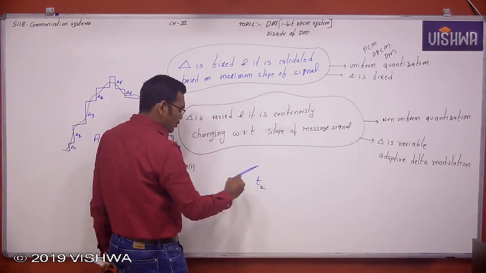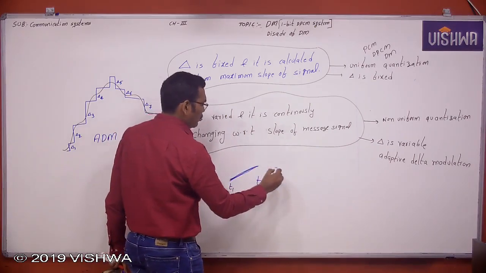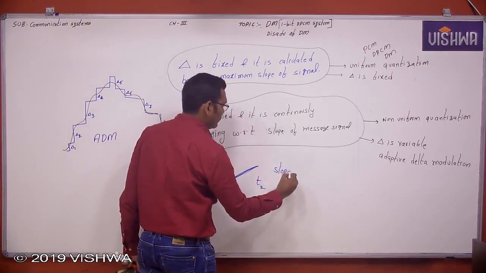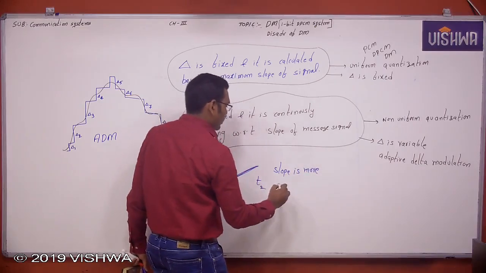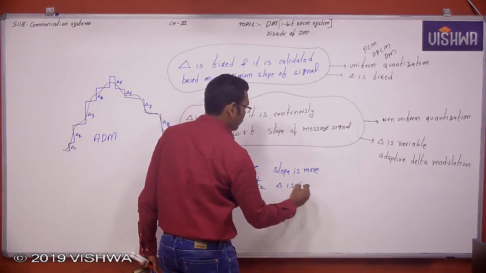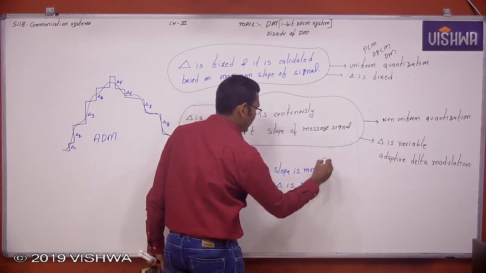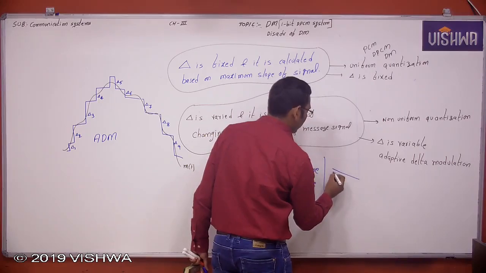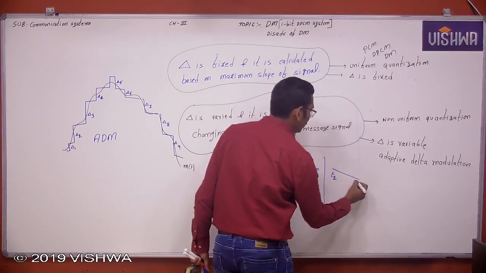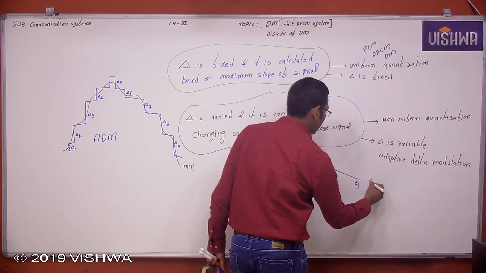Over this duration of time, the slope is more, so the step size is also more. Like that we can introduce a technique like this. Now over a duration of t2 to t3, the slope is less.